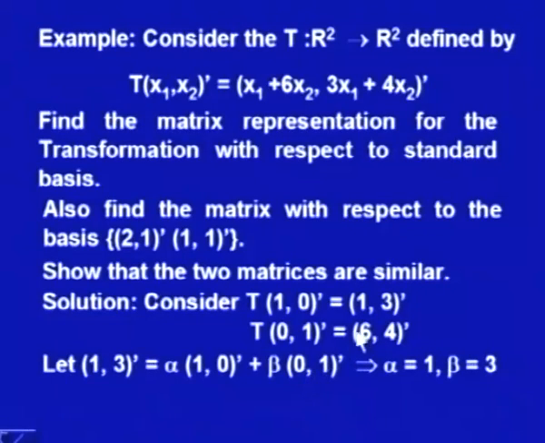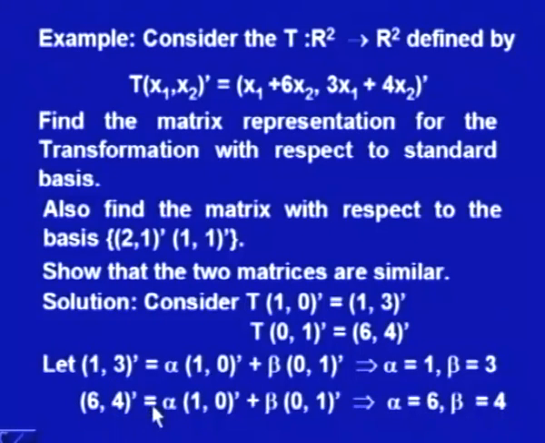Then the vector (1, 3) will be represented as a linear combination of the base vectors (1, 0) and (0, 1), that means alpha is equal to 1 and beta is equal to 3. So, these are the coordinates of this vector. Similarly, (6, 4) will be represented as alpha times (1, 0) plus beta times (0, 1), and that gives me alpha equal to 6 and beta equal to 4.